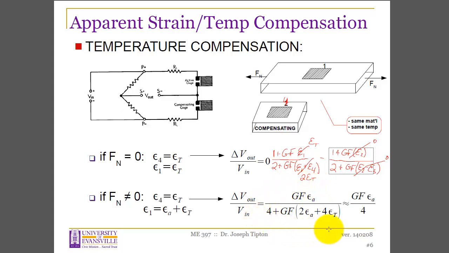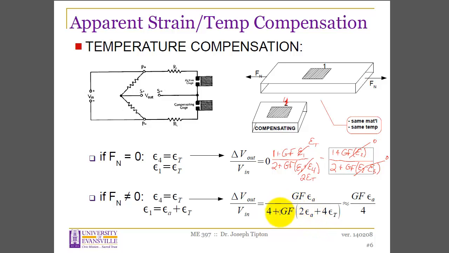Well, if I replace that and reduce, I end up with, in my numerator, the gauge factor times the axial strain. And in my denominator, I end up with 4 plus the gauge factor times 2 times the axial strain plus 4 times the temperature-induced strain.